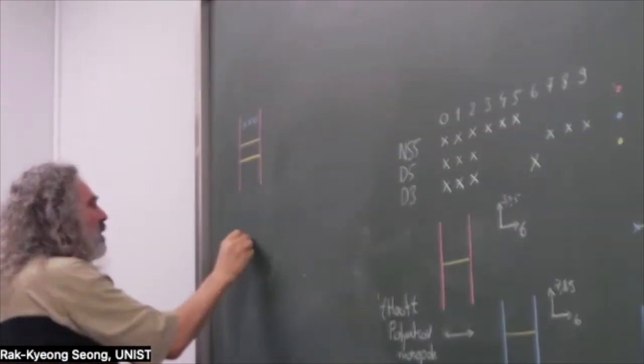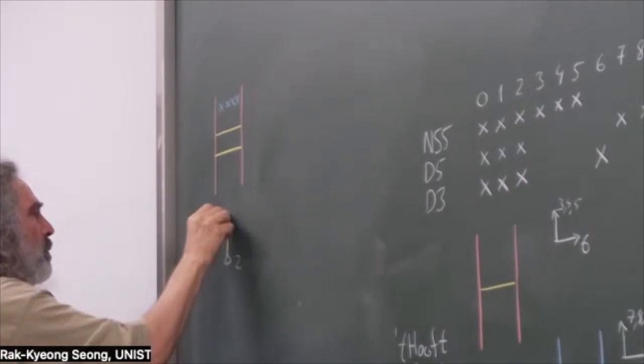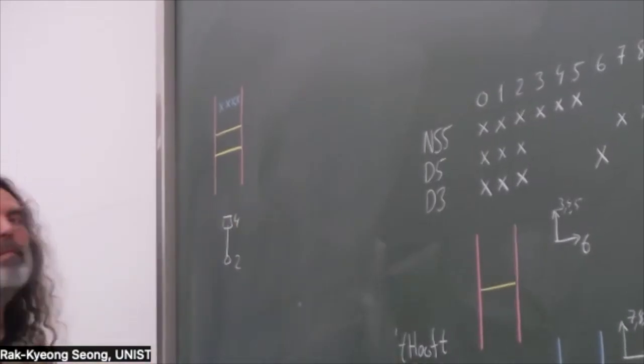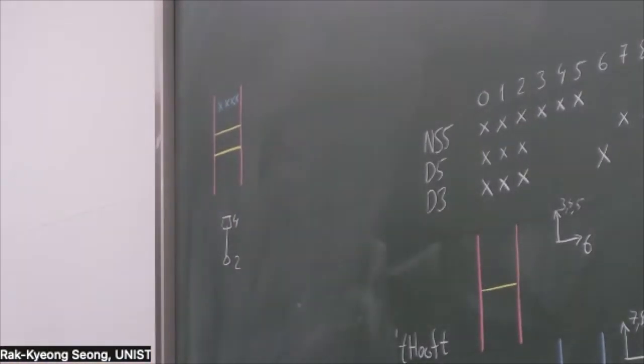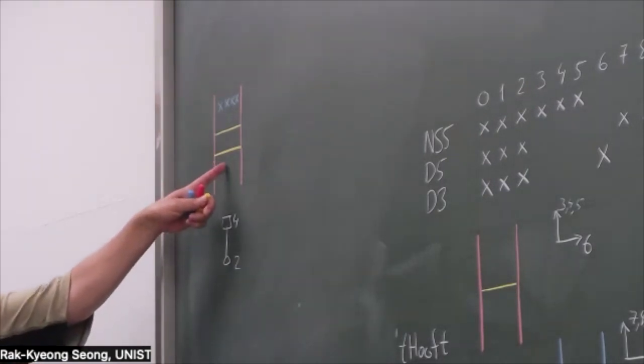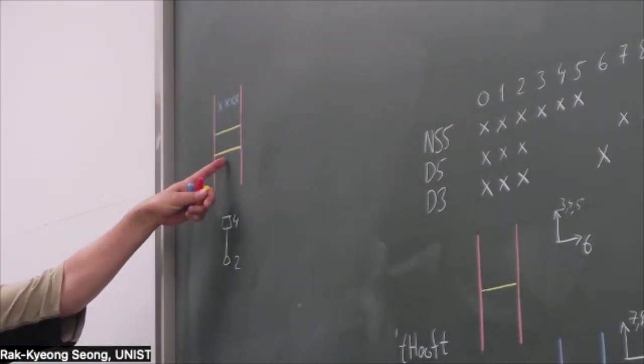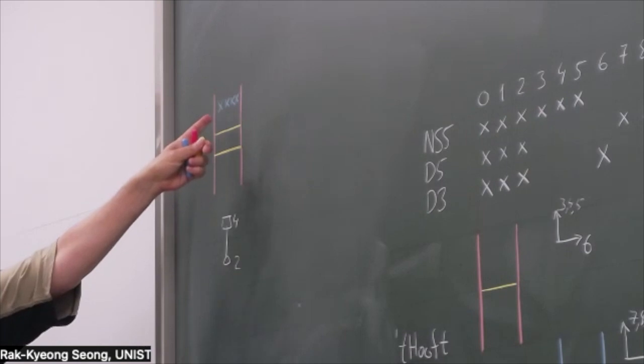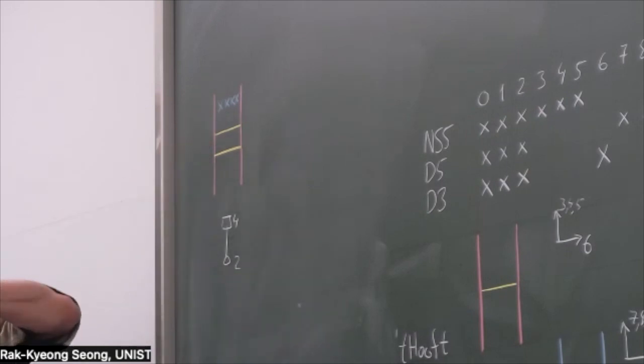The electric quiver is 2 and 4. Now, in this situation, the yellow branes are between red, but not between blue. How do I move to a situation where all branes are between blue, but not red?